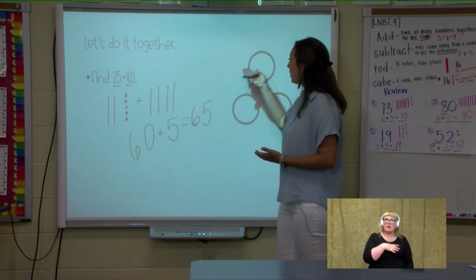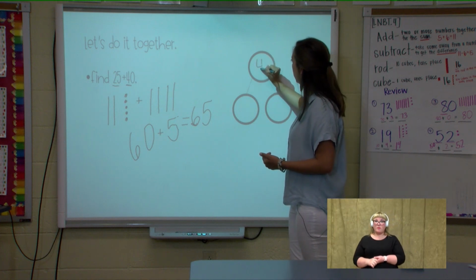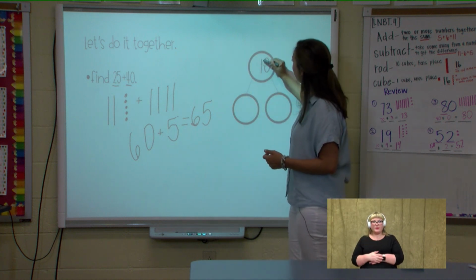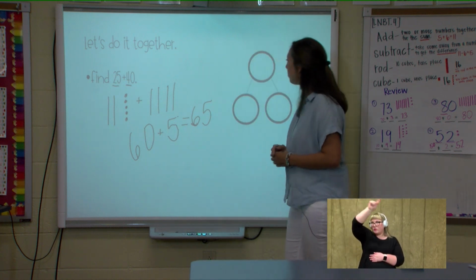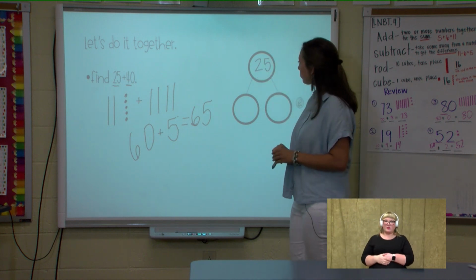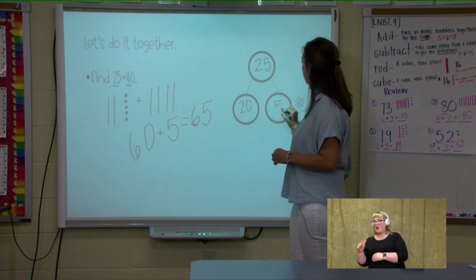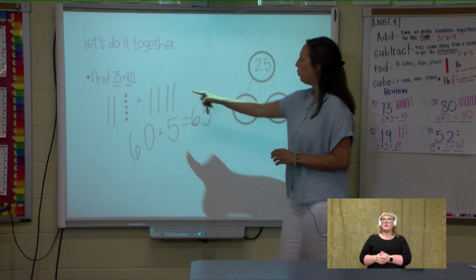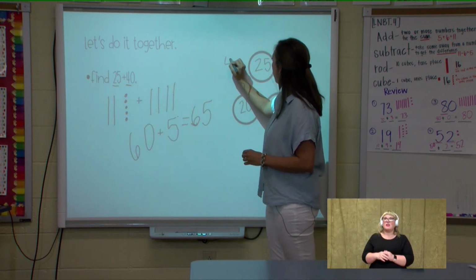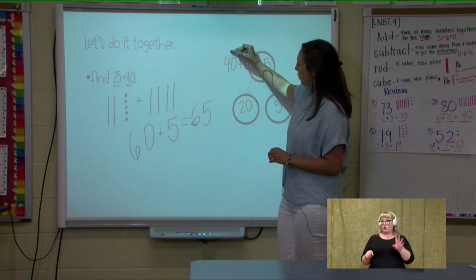But some of you might like a number bond. I'm going to put the 25 in our number bond. We know that 20 plus 5 gives us 25. We cannot leave out our 40. So we're going to add our 40. 20 plus 40.